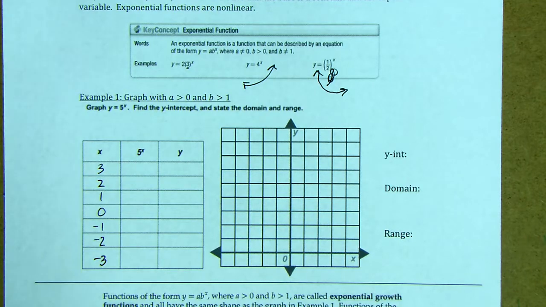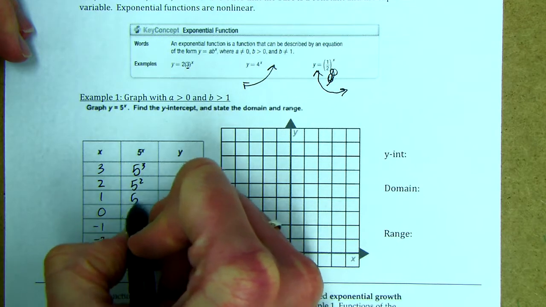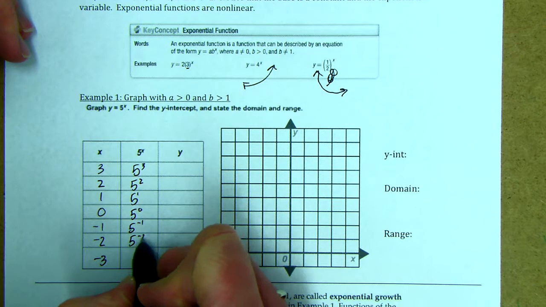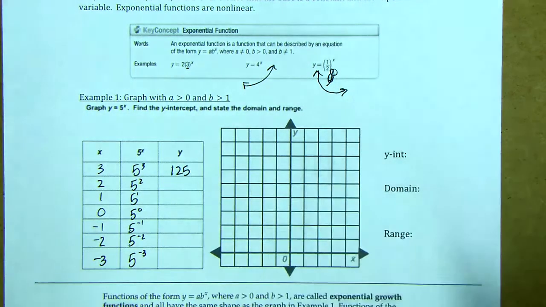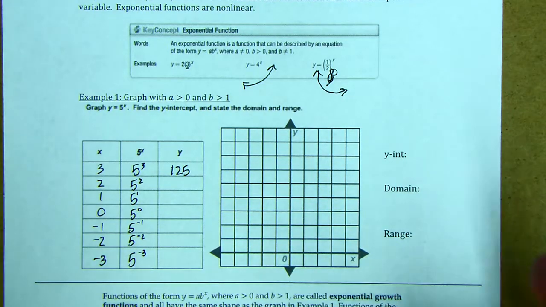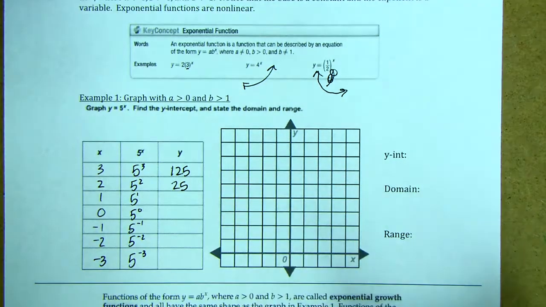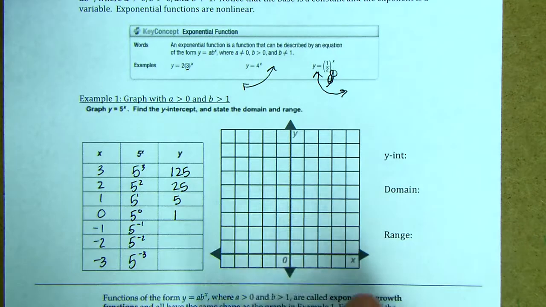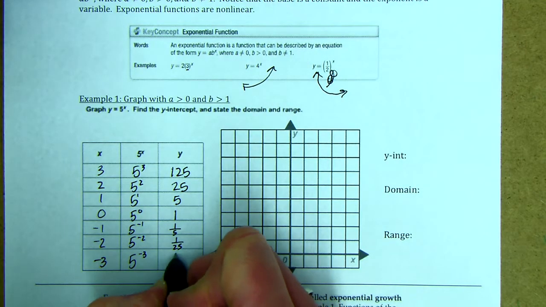If I start with 0, 0 is kind of nice. So I'm basically doing 5 to the third, 5 to the second, 5 to the first, 5 to the 0, 5 to the -1, 5 to the -2, 5 to the -3. So this is 125. Obviously, we are not graphing that one. It's going to be huge, not going to fit on there. This would be 25. That one also may not fit on there. Then we have 5, we have 1, we have 1/5, 1/25, and 1/125.